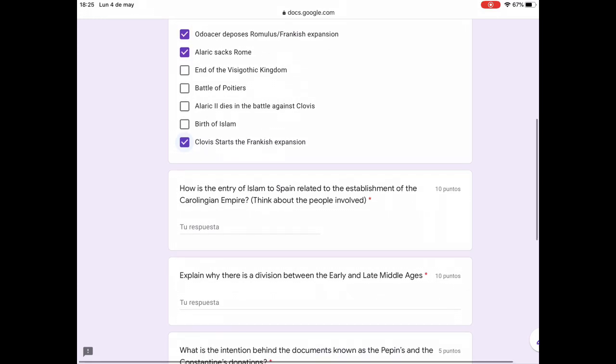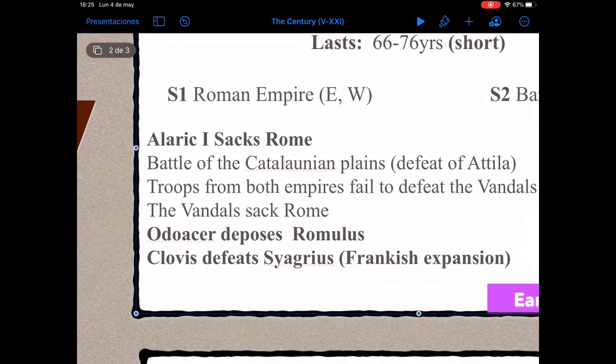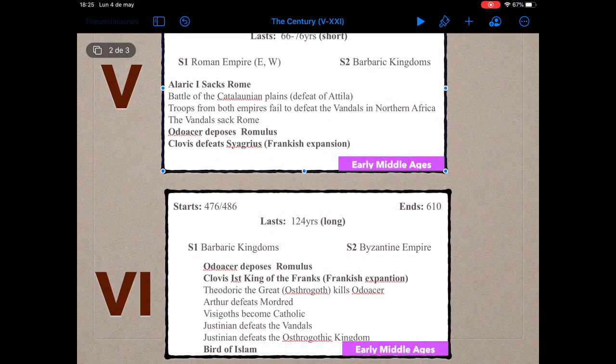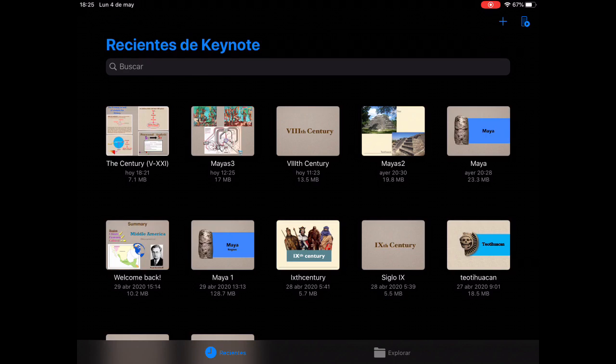Now in the open questions, how is the entry of Islam to Spain related to the establishment of the Carolingian Empire? Think about the people involved. Well, I am going to have to remind you over here. Of course, we have it in our cards, but over here we have it with very nice drawings.